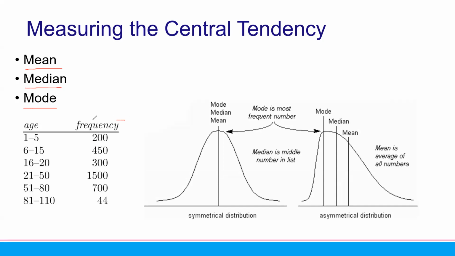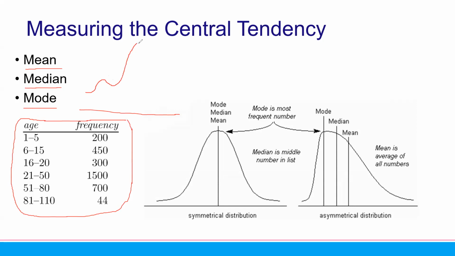Let's say I have this data. Somehow 200, 450, 300, 1500, 700, and 44.